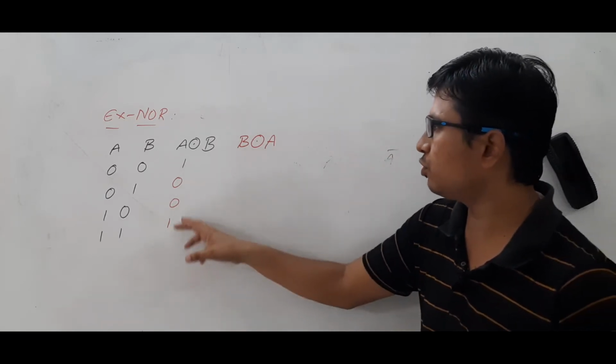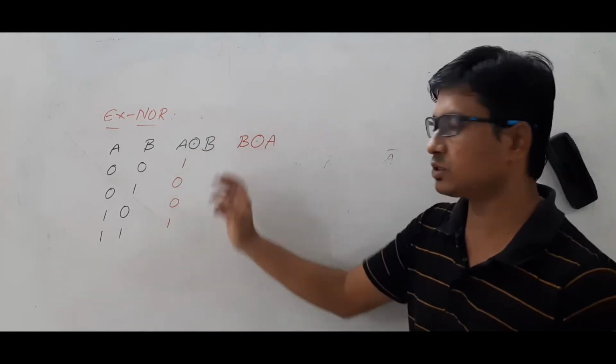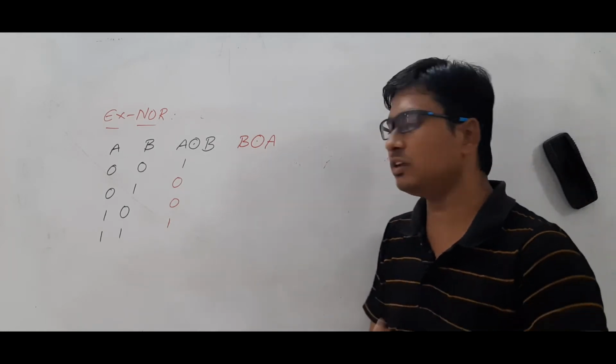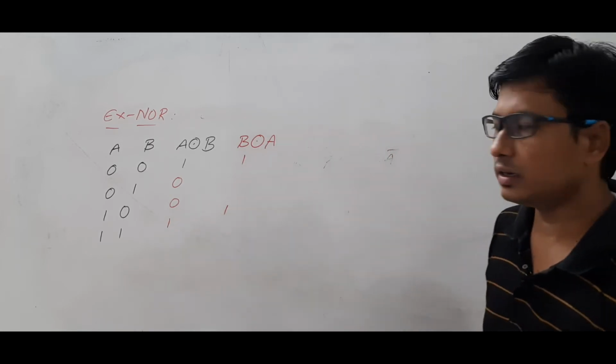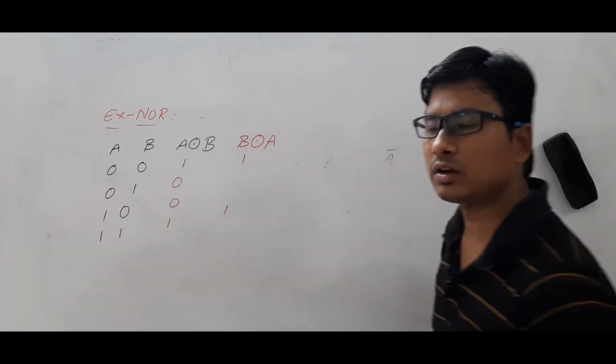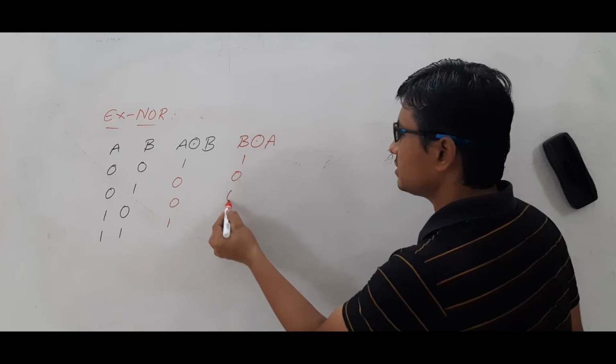That is what was shown in the earlier function, A exclusive NOR B. Similarly, B exclusive NOR A will also produce the output as 1. If both the inputs are not the same, it produces the output as 0.